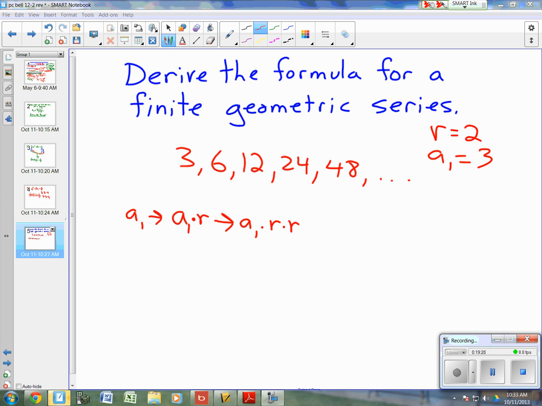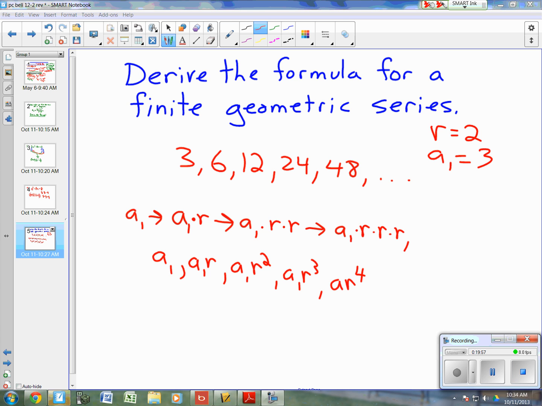How are you going to get the next term? A sub 1 times r times r times r. Now, what's the short way of writing r times r, or r times r times r? R cubed. So we could write a sub 1, and then a sub 1 times r, a sub 1 times r squared, a sub 1 r to the third, a sub 1 r to the fourth, right? We could continue doing that.